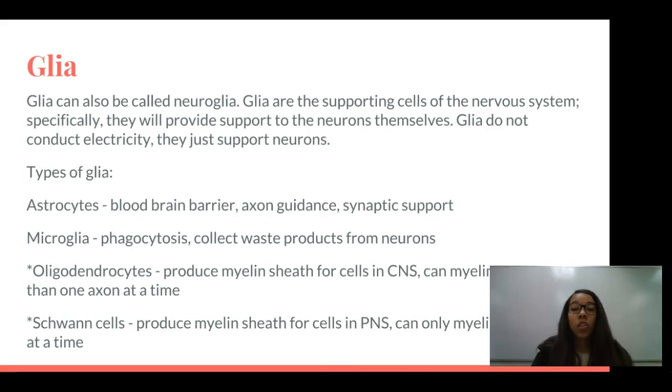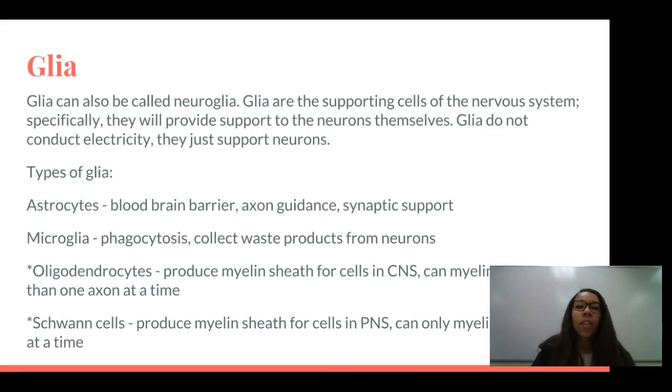You should know the structure of the actual neuron itself from beginning to end and know which way electricity is conducted. It goes from the dendrites to the soma to the axon to the terminal buttons. You should know that flow of information because it's going to come back in the next chapter.